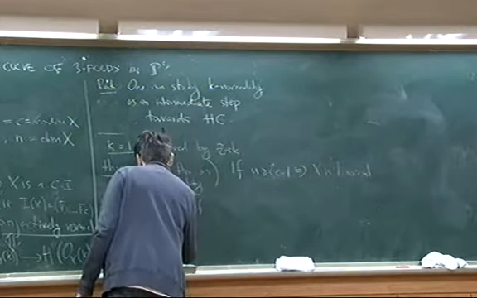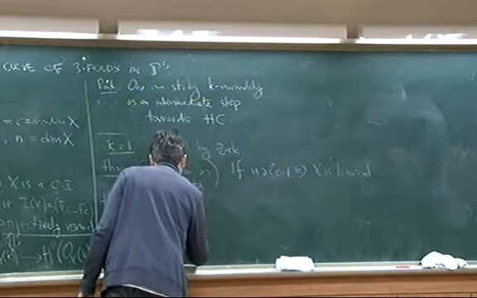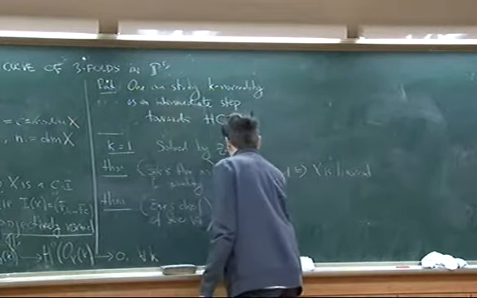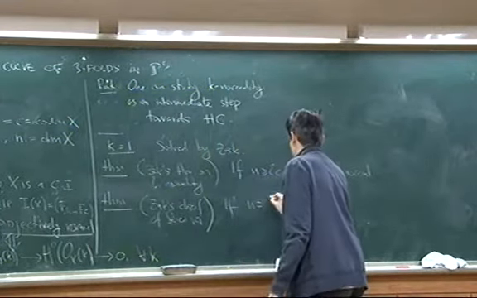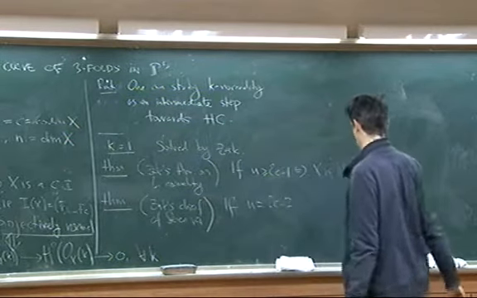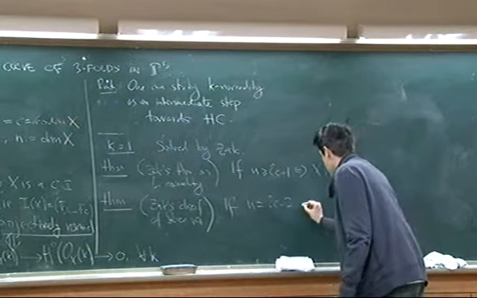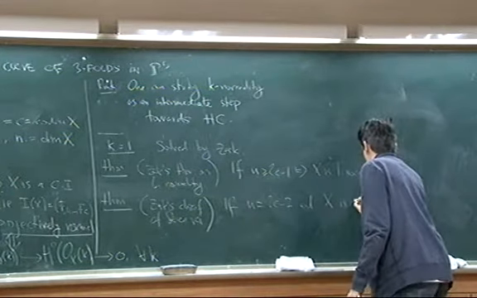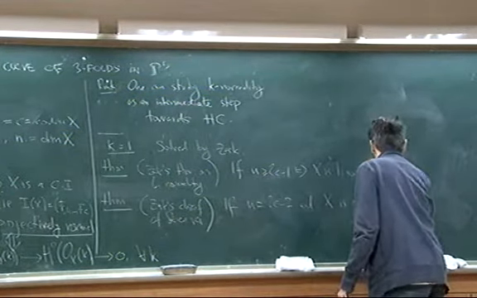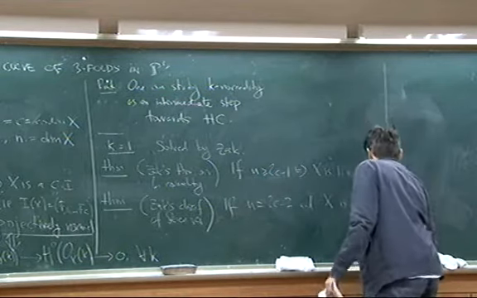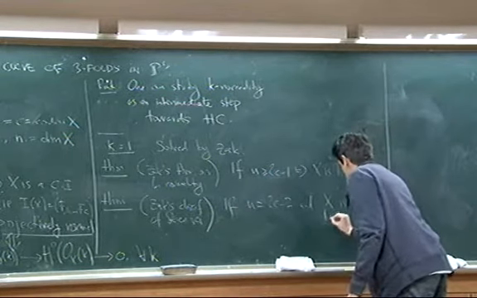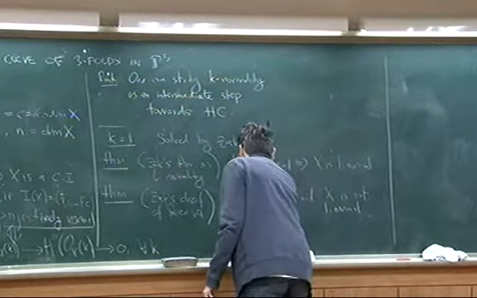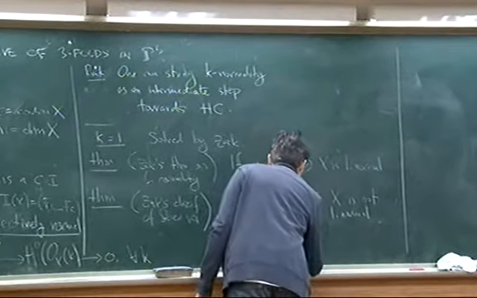The second theorem is the classification of the cases on the boundary, so this is Zak's classification of subvarieties. Namely, if n is equal to 2c minus 2 and X is not linearly normal, then X is a Severi variety.